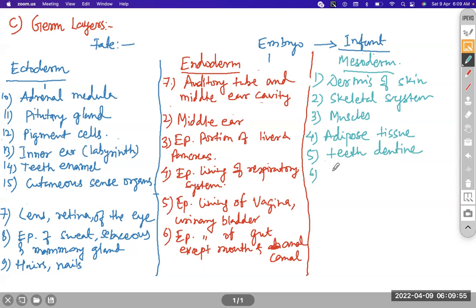Blood vascular system, blood vessels, blood.